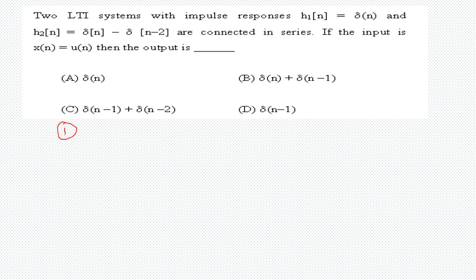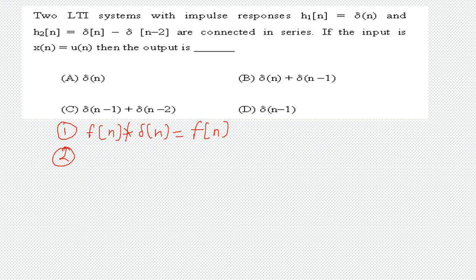The first one is, whenever a function f of n is convolved with del of n, then what you get is f of n. This is the first property that we have to use.